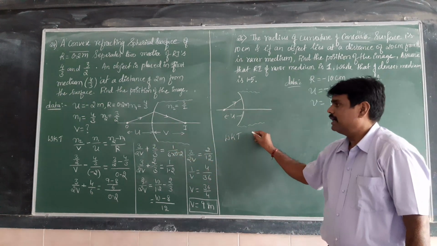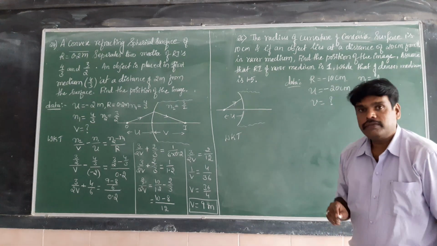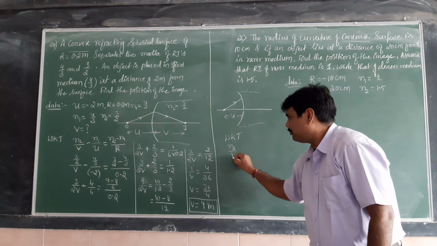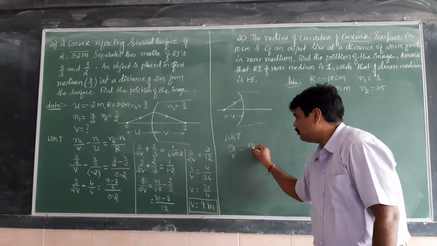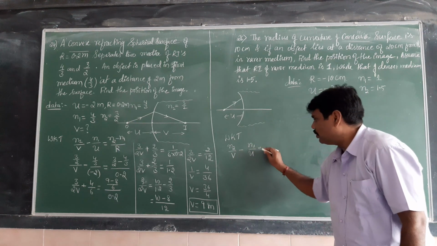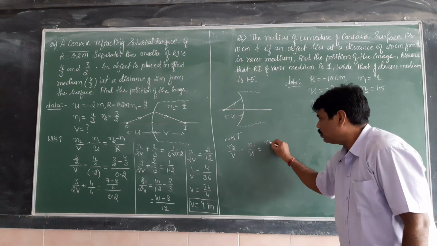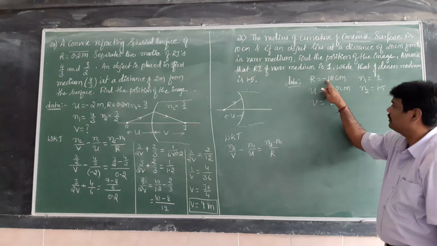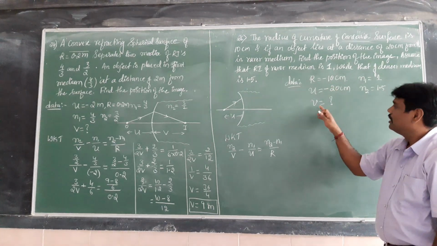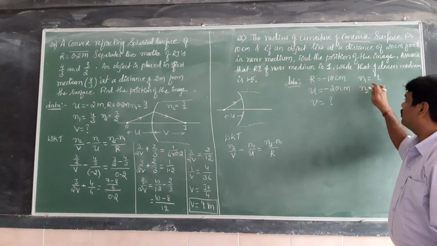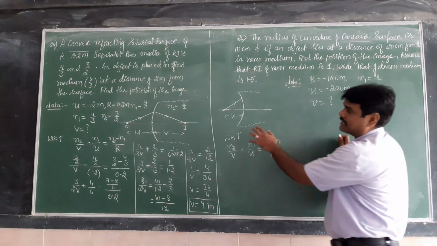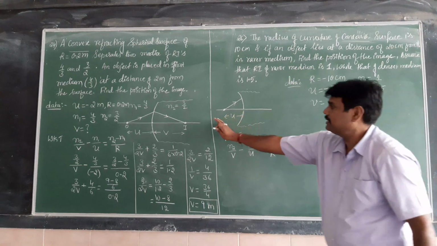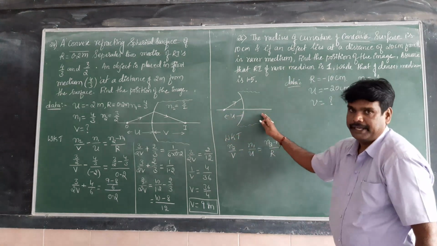This is what we call the curvature formula: n2 divided by v minus n1 divided by u is equal to (n2 minus n1) divided by r. R is radius of curvature, u is object distance, v is image distance. n1 and n2 are the refractive indices of the first and second media.